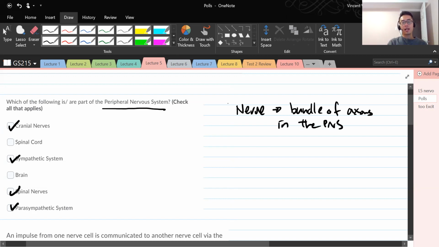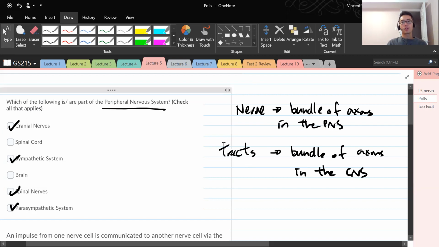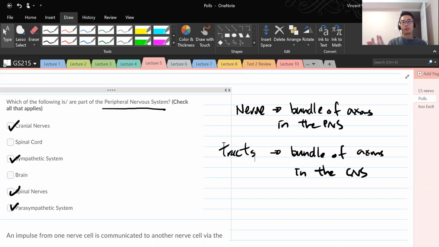The exact same thing in the central nervous system, if I have a bundle of axon in the CNS, we don't call it nerves anymore. We call it tracts. Okay, there are PowerPoint slides on that. So we call the same thing different names if they are found in PNS or CNS.